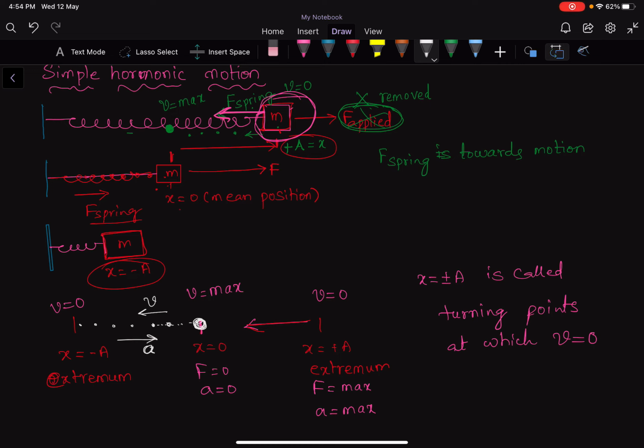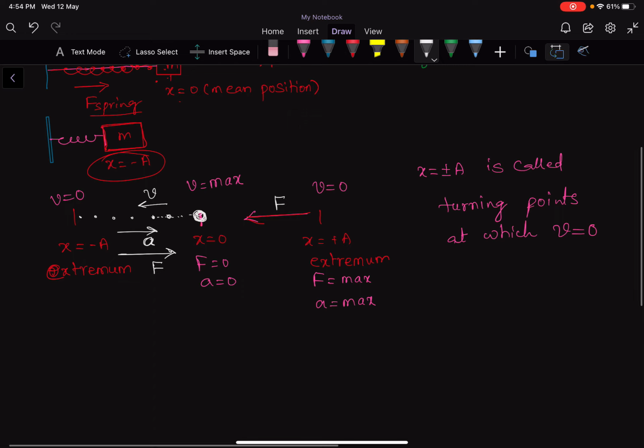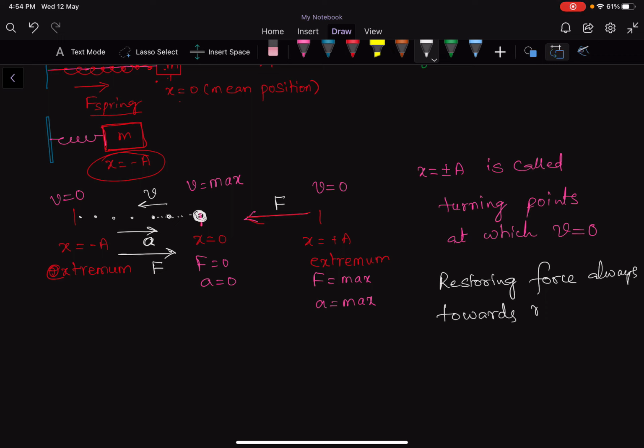As the acceleration direction is towards the mean, the force direction is also towards the mean. So the restoring force is always towards the mean position.